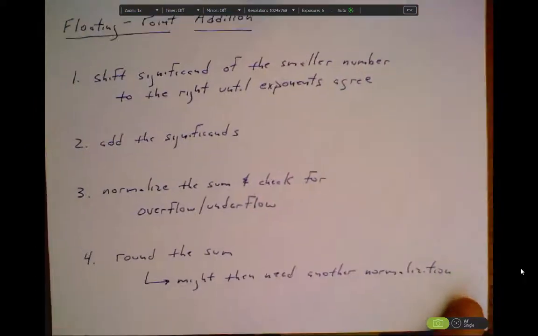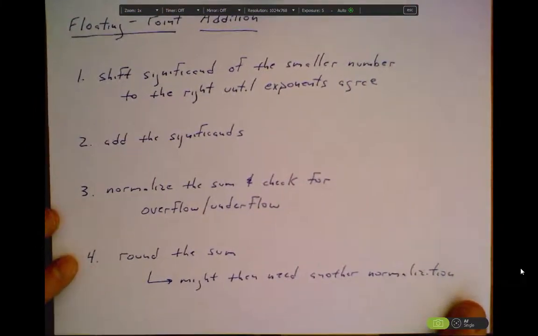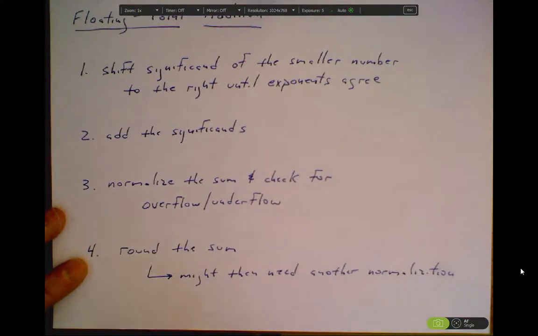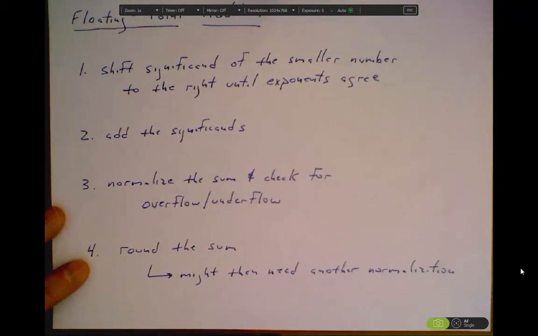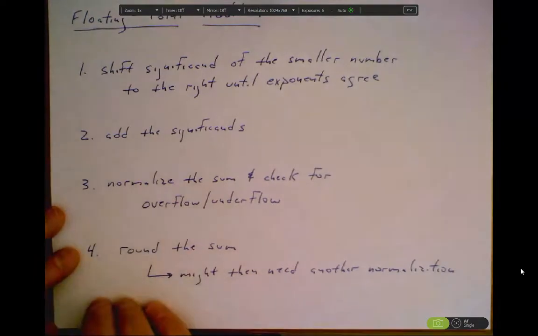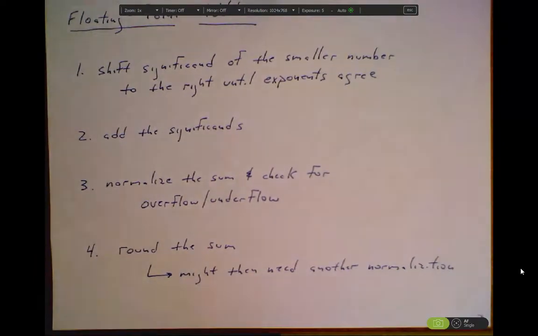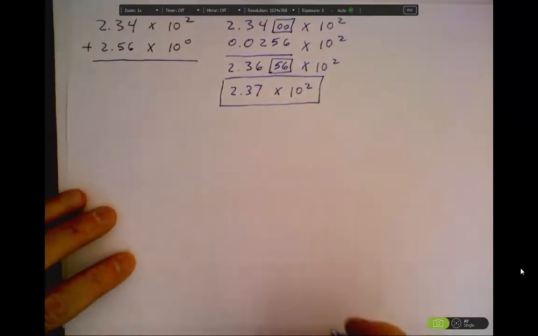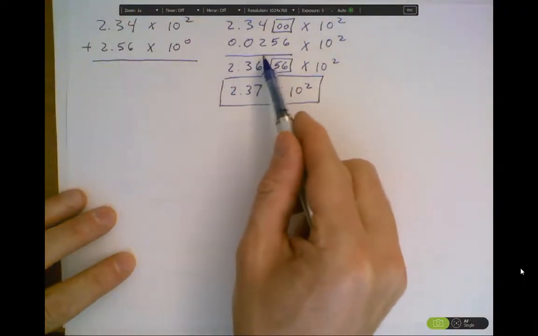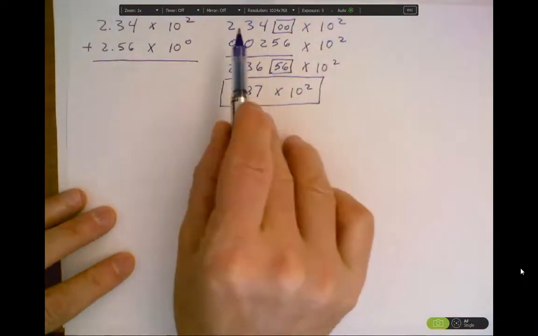Let's just review that algorithm that I just used. What did I do? I shifted the significand of the smaller number to the right until the exponents agreed. Then I went ahead and added the significands. Note, this is just an integer addition. Let's go back to the example just to emphasize that. There's nothing magical here. When I actually added these numbers together, it was as if the radix point wasn't there.